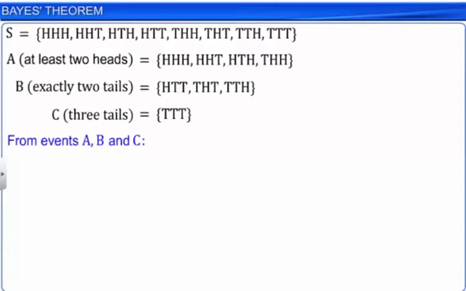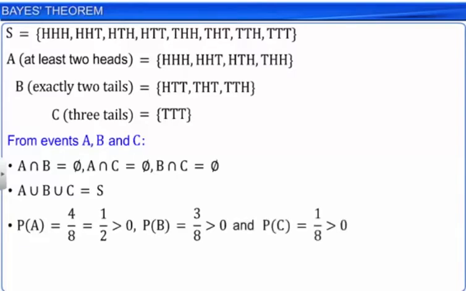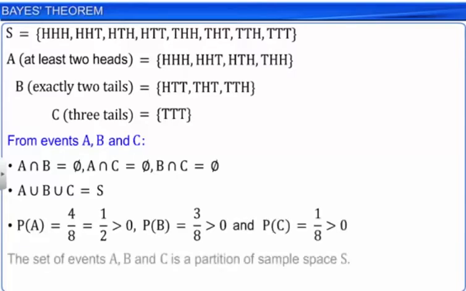From these 3 events, it is clear that events A and B, events A and C, and events B and C are disjoint. And the union of events A, B and C is sample space S. The probability of event A is 1/2, event B is 3/8, and event C is 1/8. The set of such events A, B and C of a sample space is a partition of the sample space.